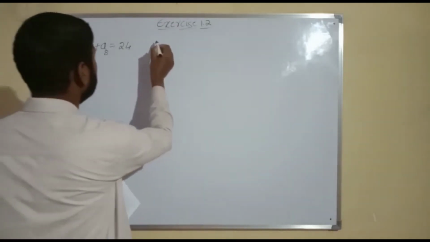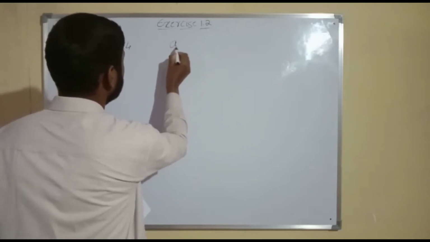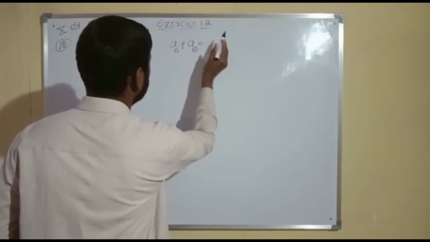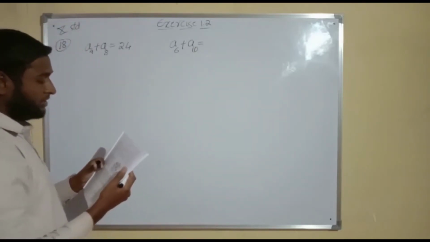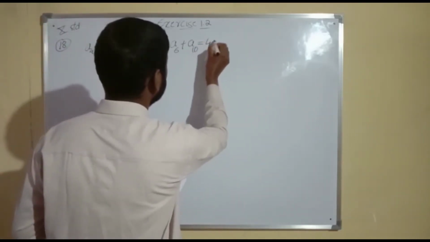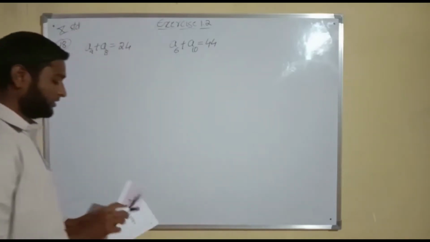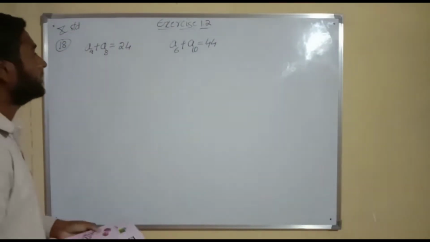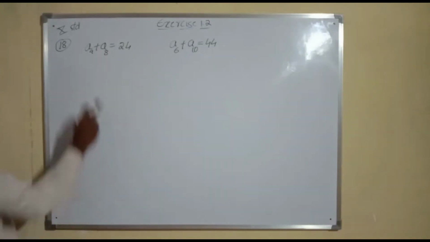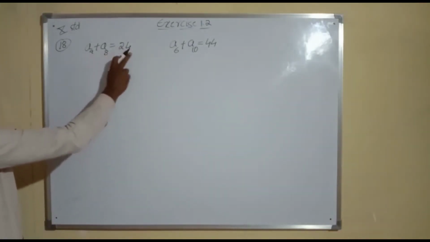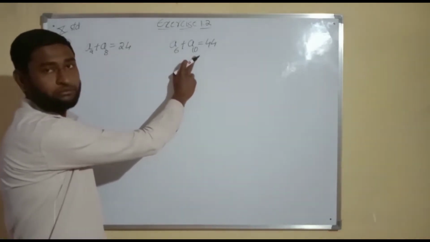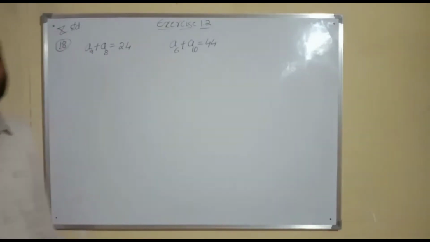A6 plus A10 is equal to 44. The sum of the fourth and eighth terms is 24, and the sum of the sixth and 10th terms is 44.